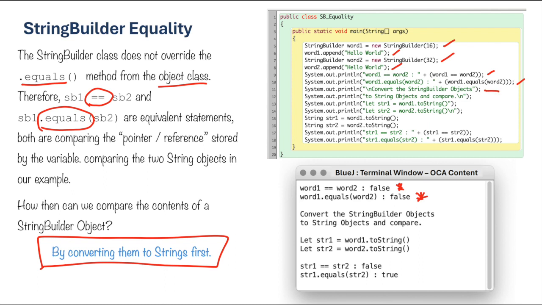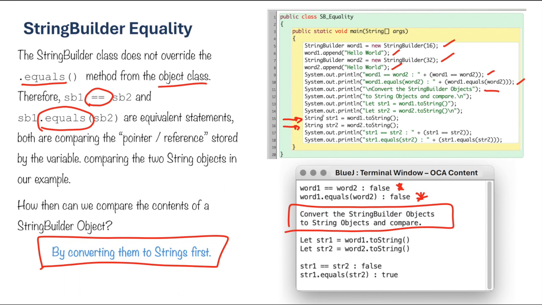Now I'm going to convert the StringBuilder objects to strings so that we can compare their content. And you see here on line 15, I have a String str1 and it is equal to word.toString. So we use the toString method, which is defined in the StringBuilder class. And we use that to store word1 and word2 into string1 and string2 respectively.